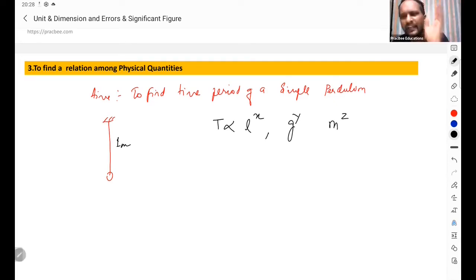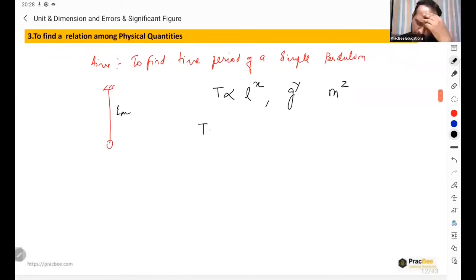So you say, okay, let it depend on mass also, m to the power z. So you will say that the time period is k times L to the power x, g to the power y, m to the power z, where k is some constant.